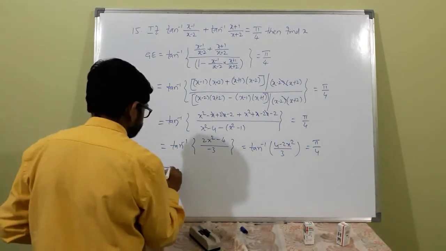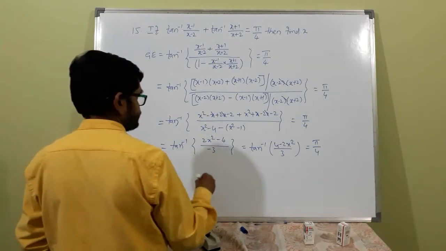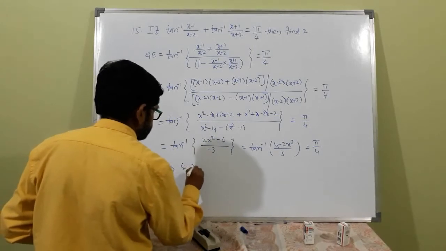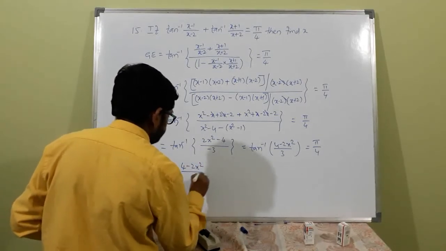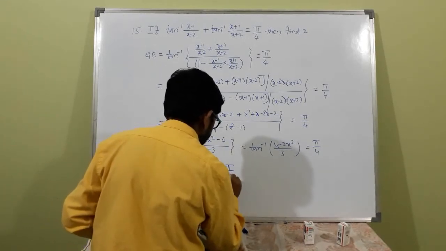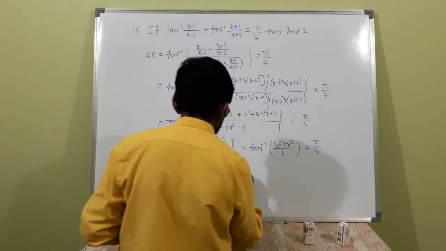So that implies if you take tan, 4 minus 2x squared by 3 is equal to tan 5 by 4, is equal to 1.